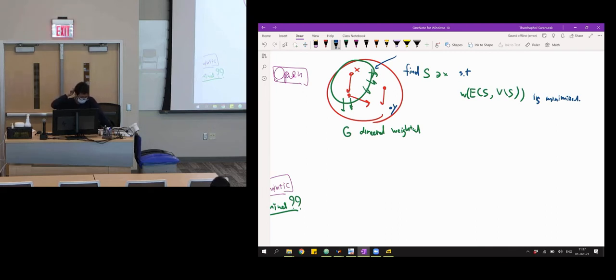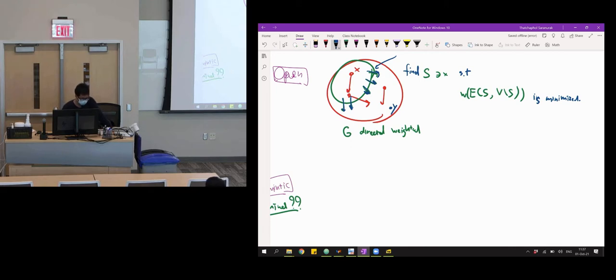So this is about edge cut, it's not about vertex cut. We count the total weight going out of a cut here.